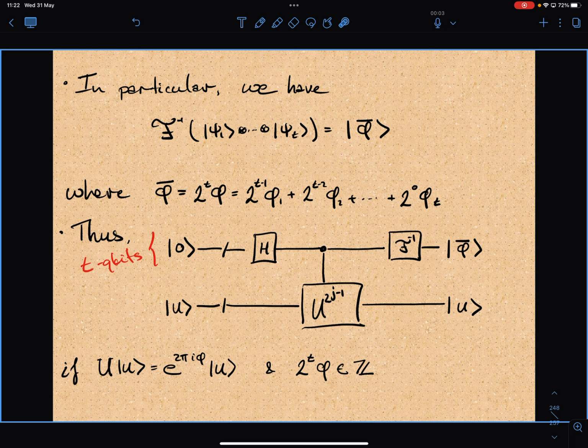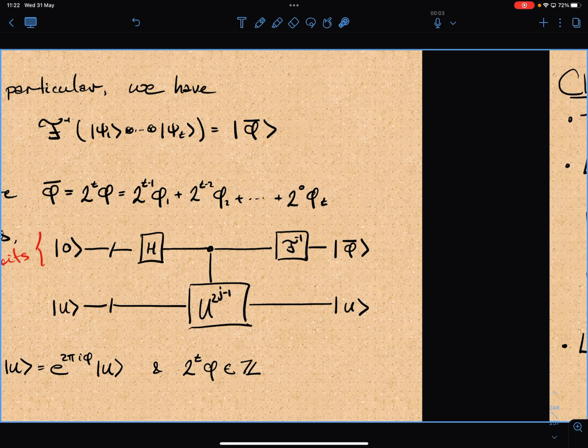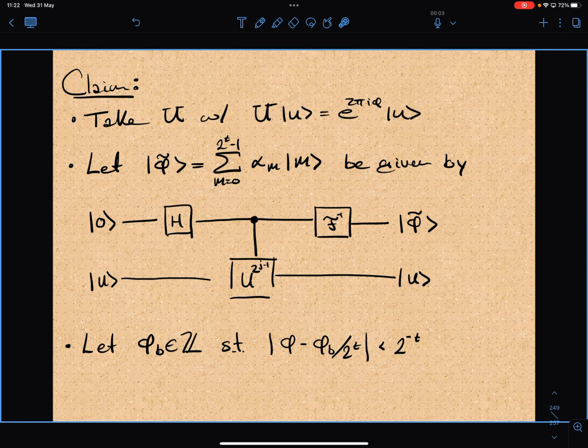And so, yeah, next what we want to do is quantify how accurate our measurements are. So this is the claim for the accuracy. So we're going to start again with a unitary operator U that has an eigenvector u and it has a phase phi.